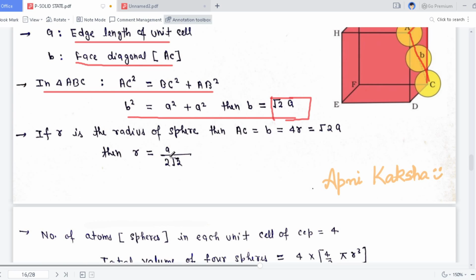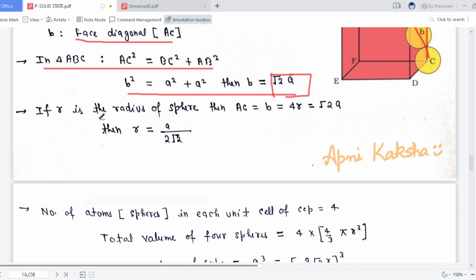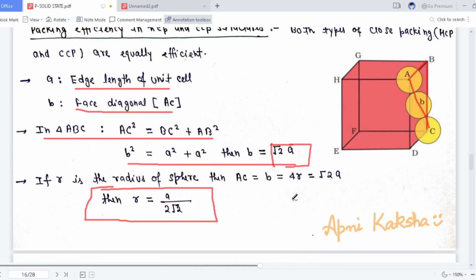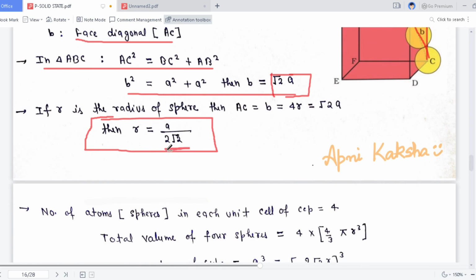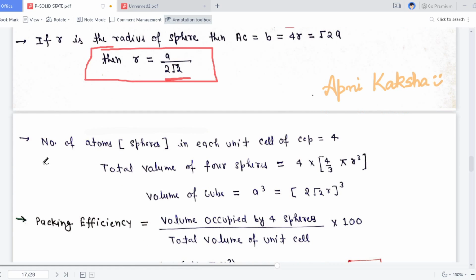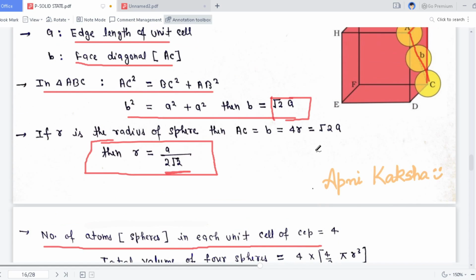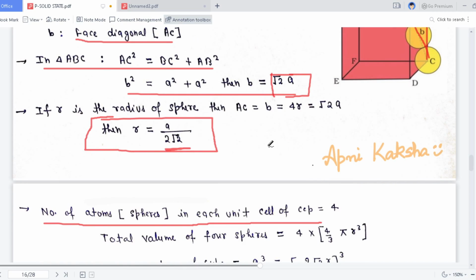This will be important. Here basically we get the radius of the sphere, that will be A by 2 root 2. Then next up we look at the number of atoms in each unit cell of CCP. In each unit cell of CCP we have 4 atoms, you already know that.